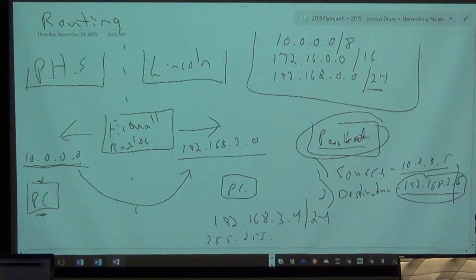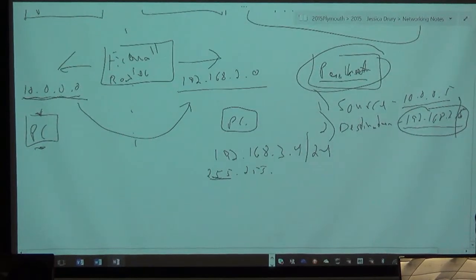That would be a 16-bit. Each one of these is 8 bits, right? So what would it be? 8 plus 8 is 16 plus 8 is 255.255.255.0. That's a subnet mask.